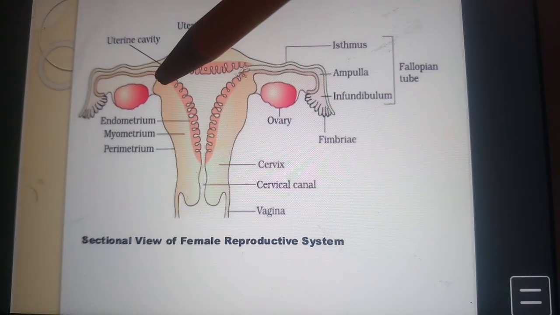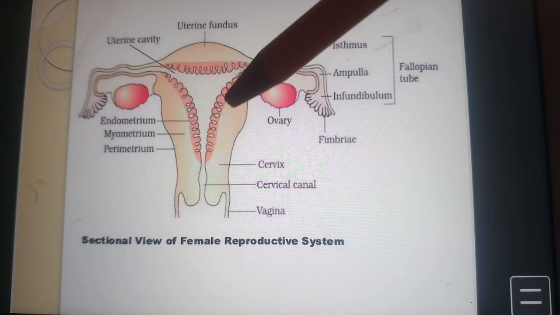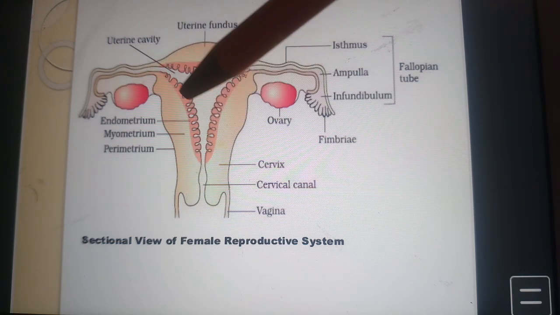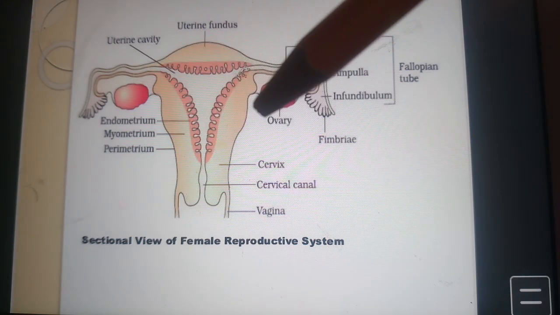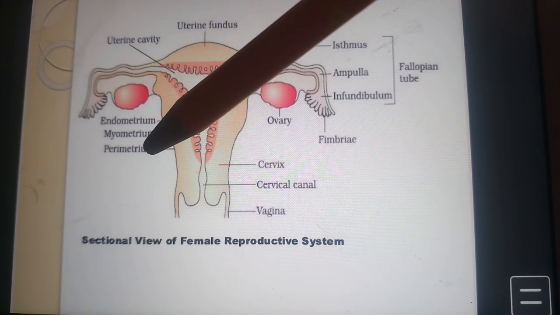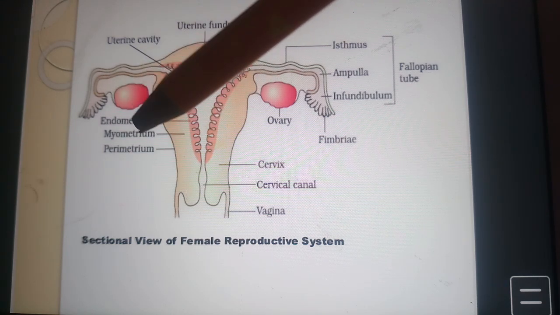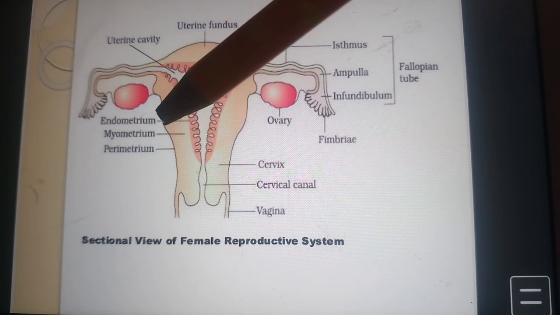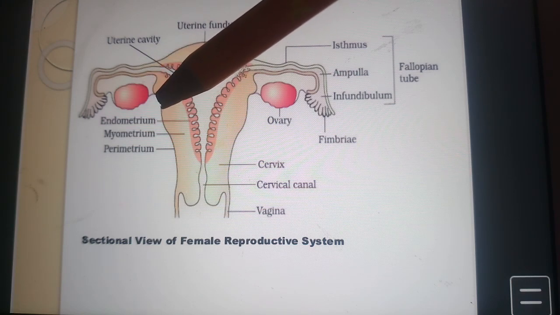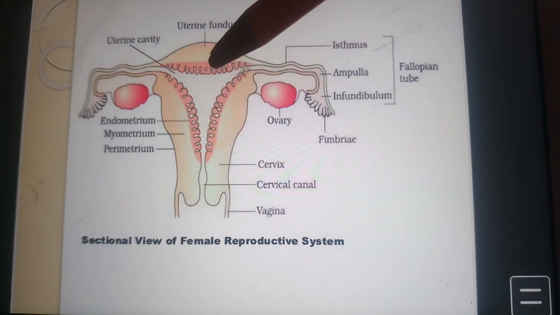Can you see the uterus wall? This is the wall of the uterus. The uterus wall has three layers. It is lined by three layers: the external thin membrane called the perimetrium, external meaning outer; the middle thick layer of smooth muscles called the myometrium; and the inner glandular layer called the endometrium, which lines the uterine cavity.